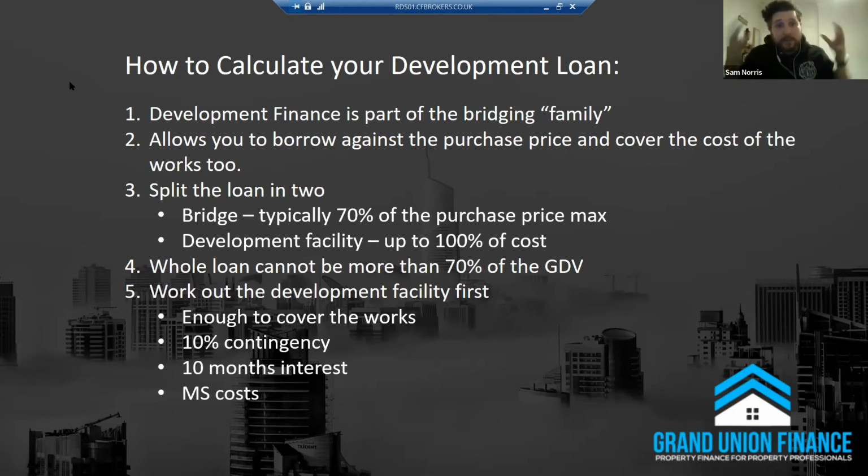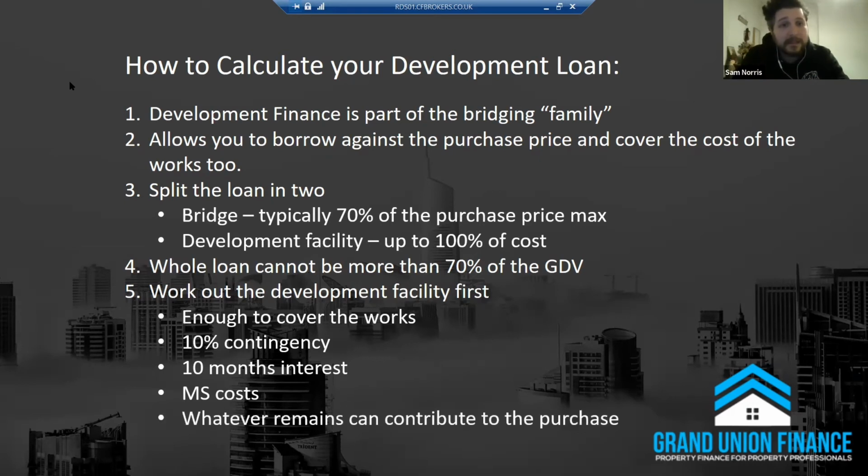So once we've got all of those elements covered, whatever remains can contribute towards the purchase. However, again, number one, it can't go above 70% of the purchase price, and it can't obviously go above 70% of the GDV in its entirety.